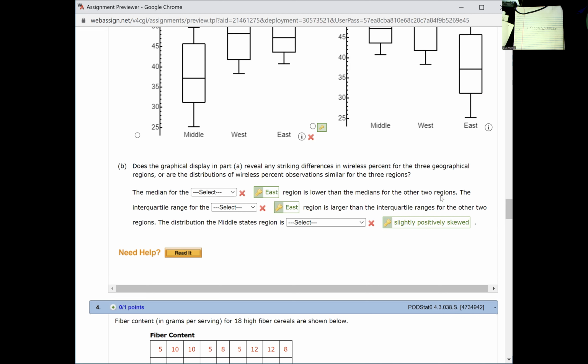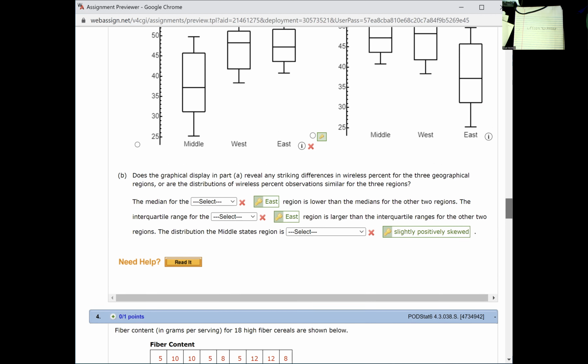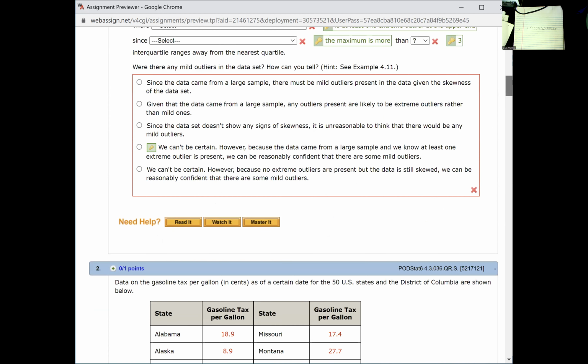So we'll get the data, write it down, and we can then answer these questions down here. So anyway, let's start.